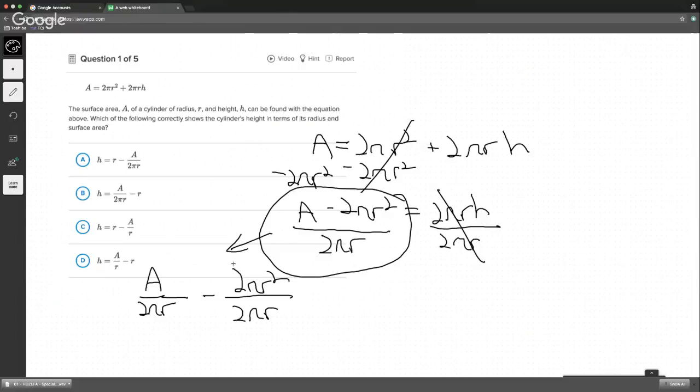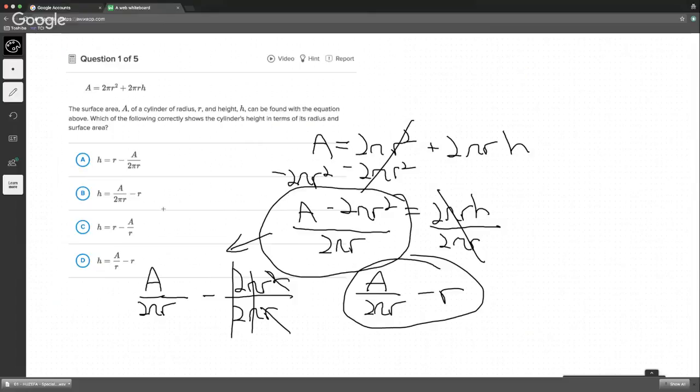We have a 2 on top and bottom, those go away. We have a pi, those go away. And we have an r and an r squared. This goes away, and the exponent drops to 1, because r squared over r, we just subtract the exponents, just becomes r. So now we have A over 2 pi r minus r. And here's our final answer, which is B.